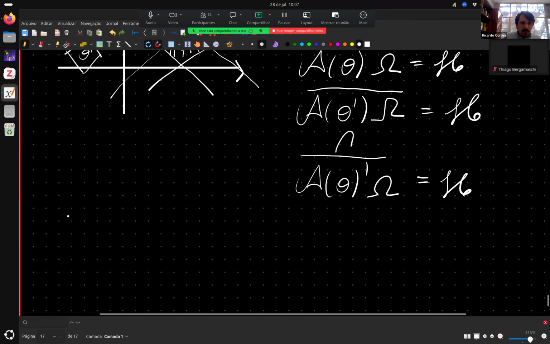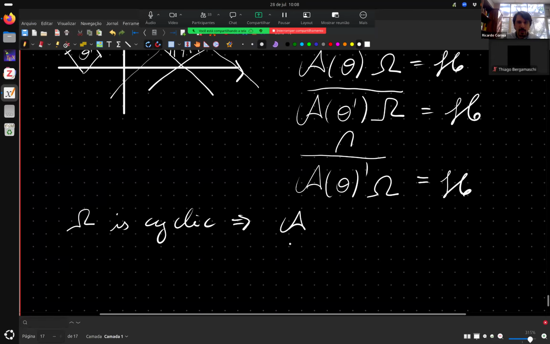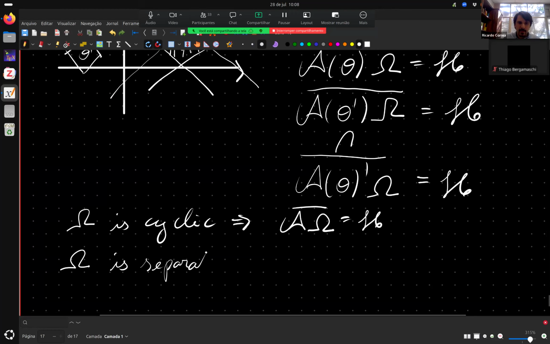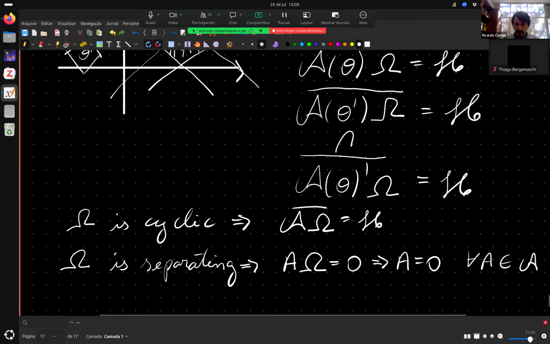So one consequence is that the vacuum is cyclic, meaning the algebra, and now I stop talking about the region, in omega is the Hilbert space. And then I'll say that the vacuum is also separating. What it means to be separating is that if you have an operator acting on the vacuum and it's zero, it is because the operator is zero, for all A in my algebra.